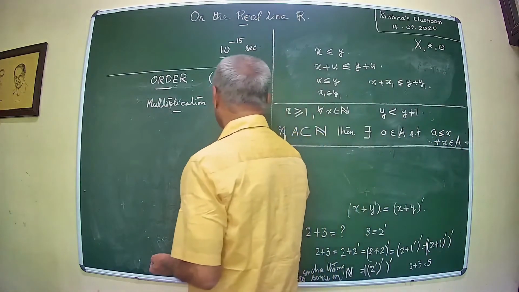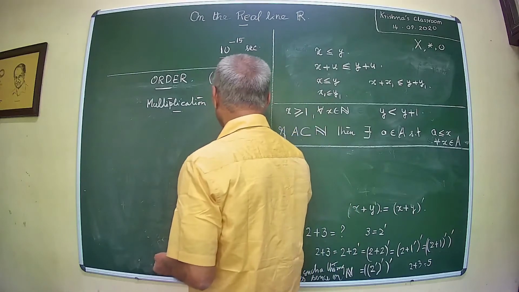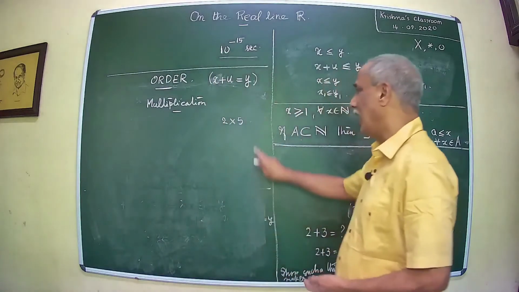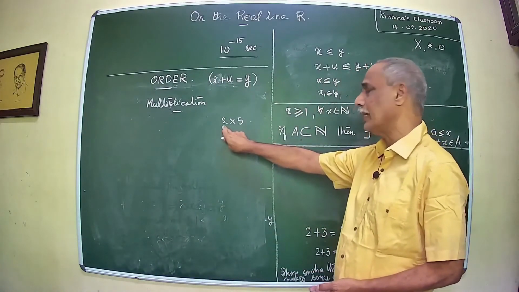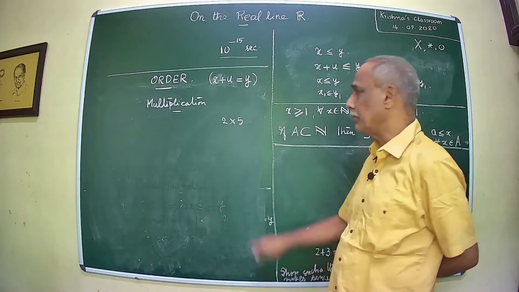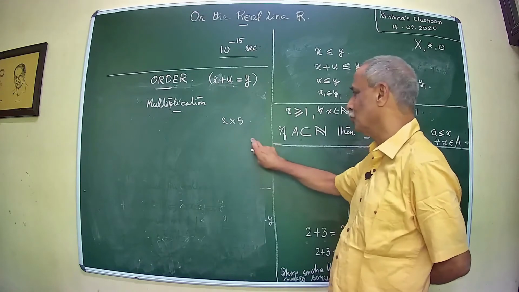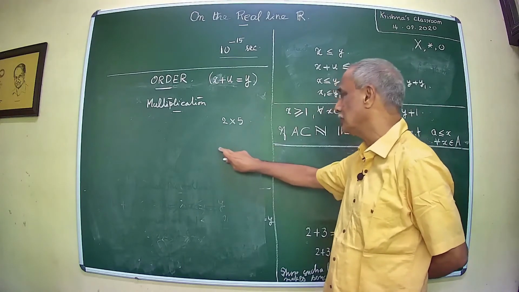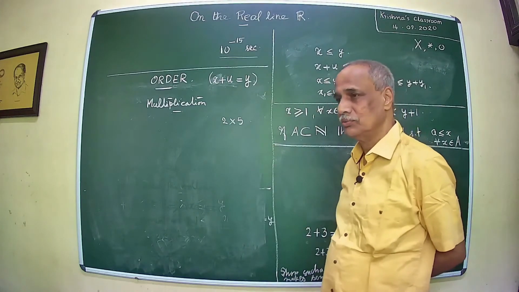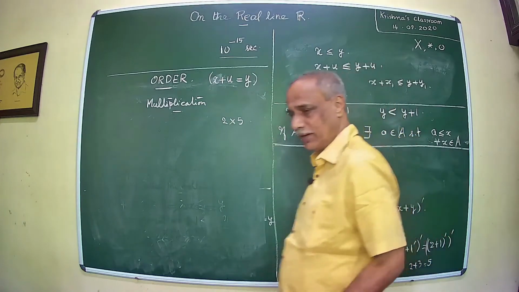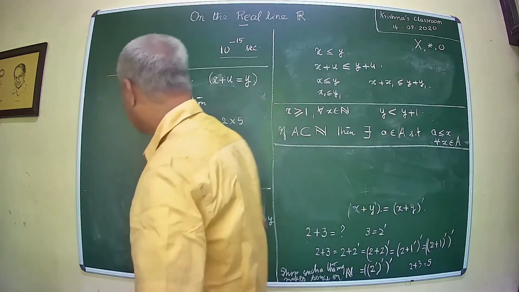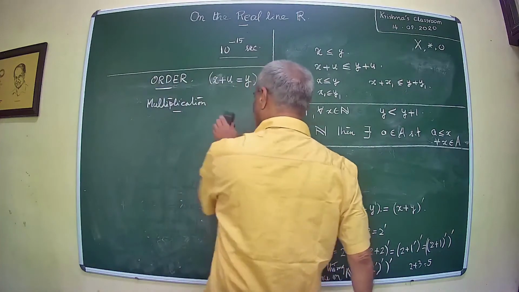You take 2 into 5, it is essentially add 5 times 2. That means 2 plus 2 plus 2 plus 2 plus 2. That is 5 times you have added 2. This is how you have defined it. Now let us see whether we get it. So we give a definition.